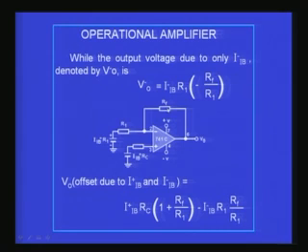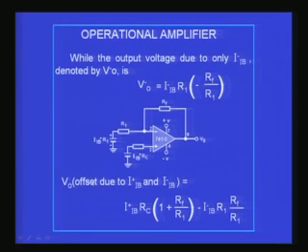In that case you can see this is connected to ground, there is no input bias current here; we are considering only the bias current corresponding to the negative terminal, the inverting terminal. Then you find this is nothing but a simple inverting amplifier with a gain of minus RF by R1. That is why I have put minus RF by R1 here. This is the gain factor, this is the voltage that will be developed across R1 due to the bias current flowing, and so this is the output voltage due to this current.